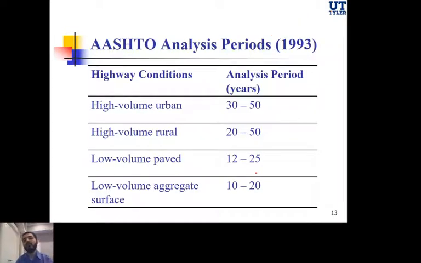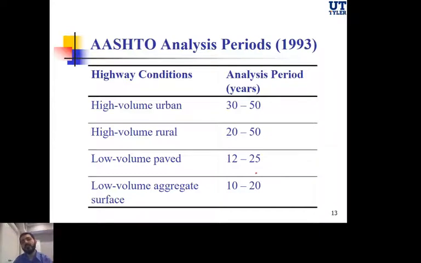So what are the typical analysis periods based on the AASHTO recommendations? So for any high volume urban roadway, which means again most of the interstates, we design them to last for 30 or 50 years. I can't afford to do a major reconstruction ripping off the whole structure every 5 or 10 years. So for high volume urban roads, the analysis period will range from 30 to 50 years.